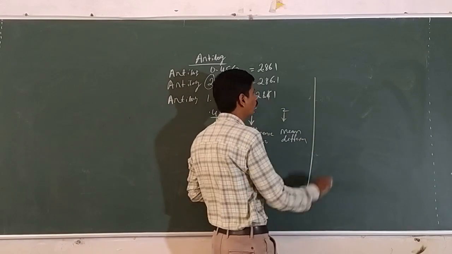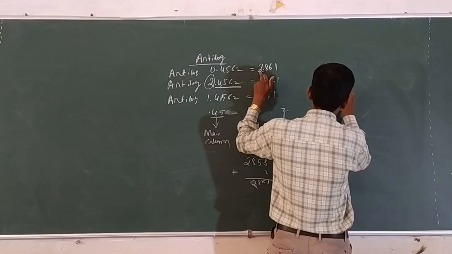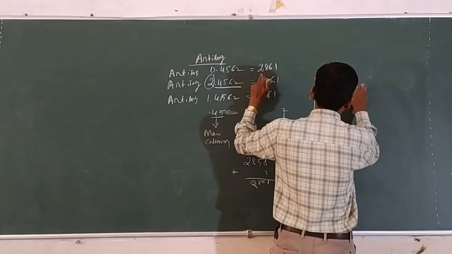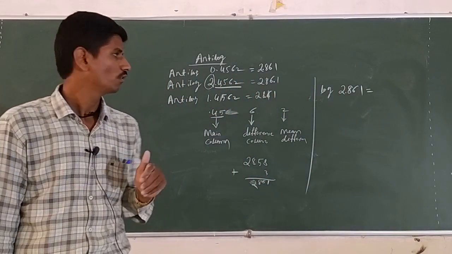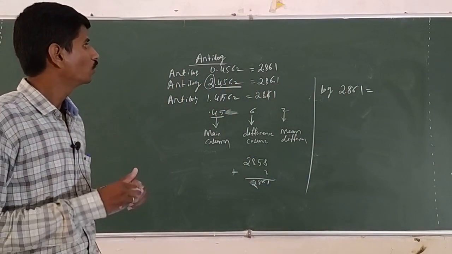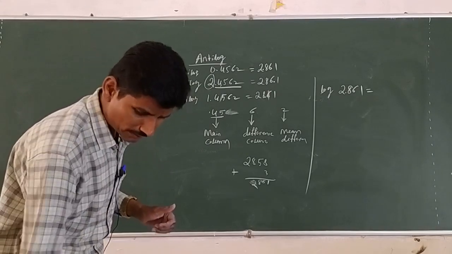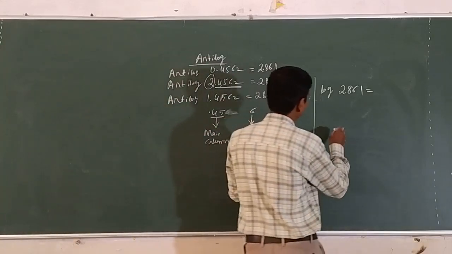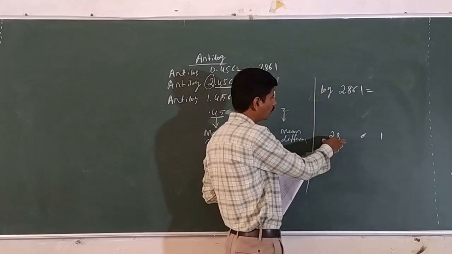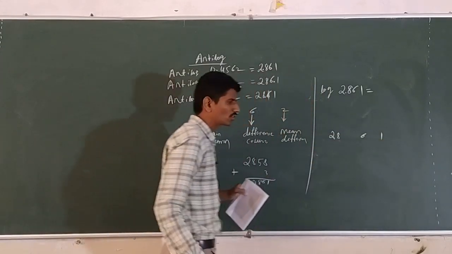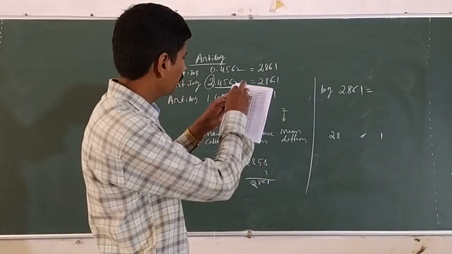How? See here, find the log of 2.861. Here you have to search 2861 in the main column, difference column and mean difference column. 28 you have to search in the main column.